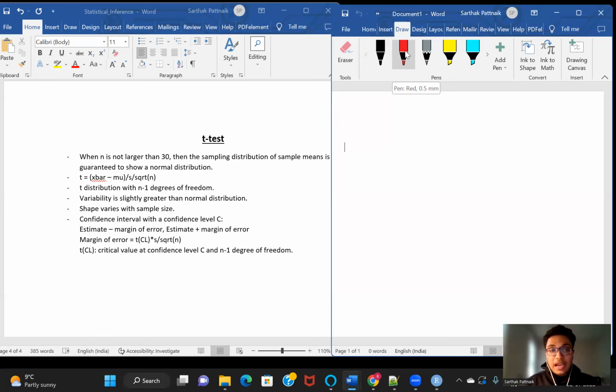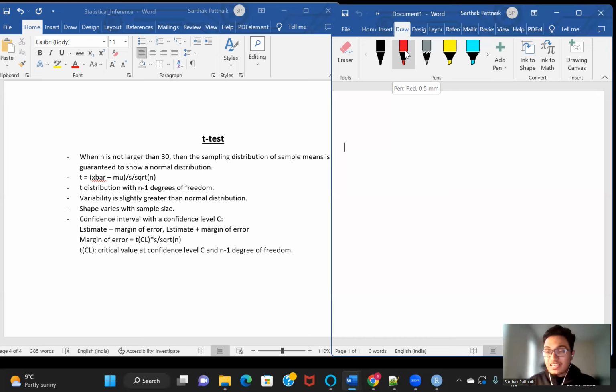However, when n is not greater than 30, the distribution of sample means does not guarantee to show a normal distribution. Right? So this is where t-test comes handy.